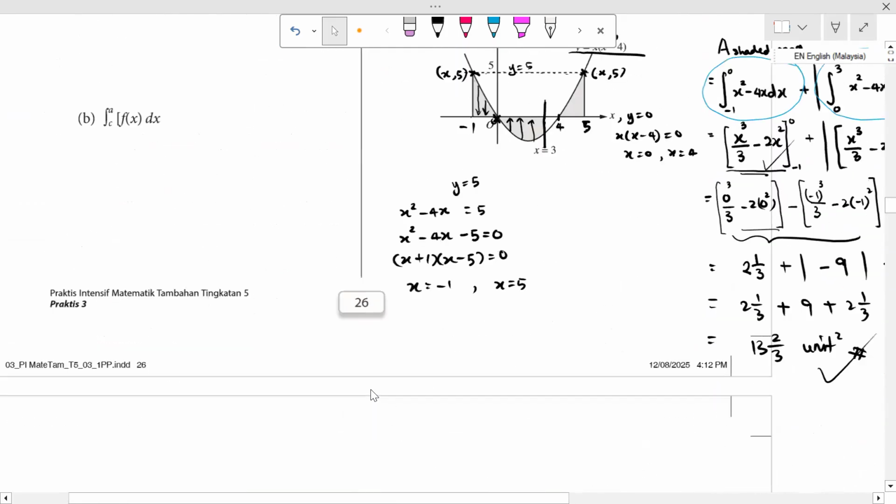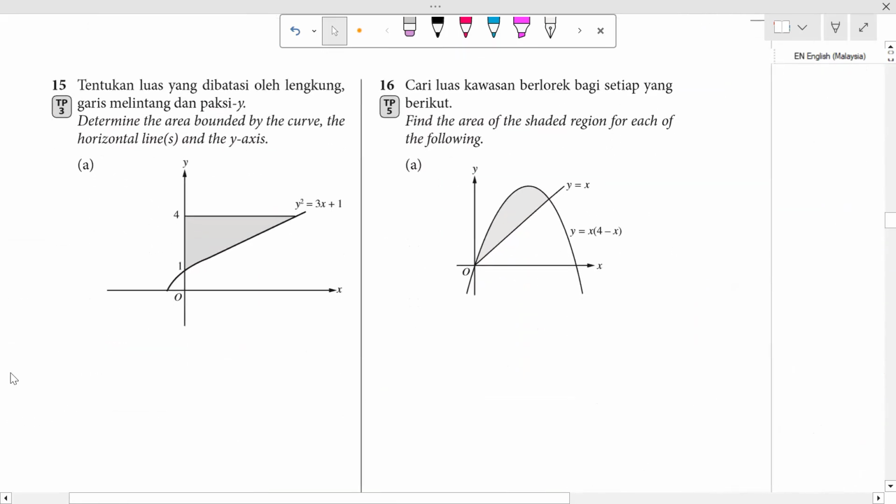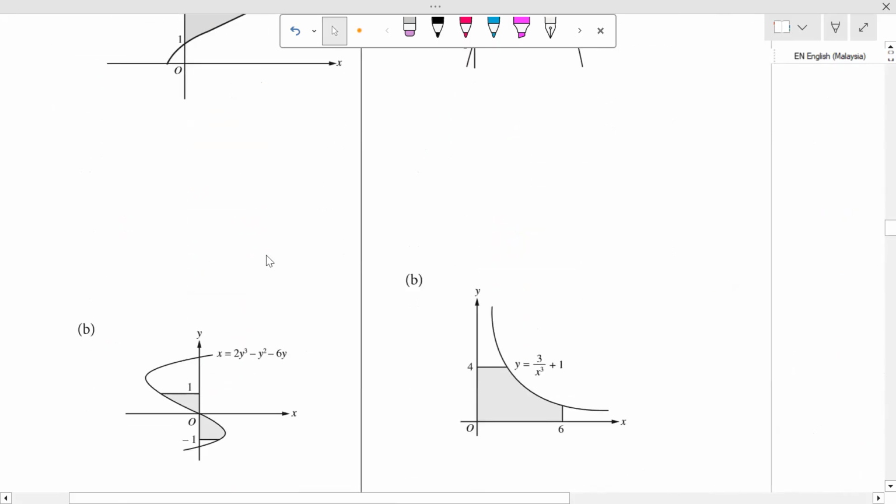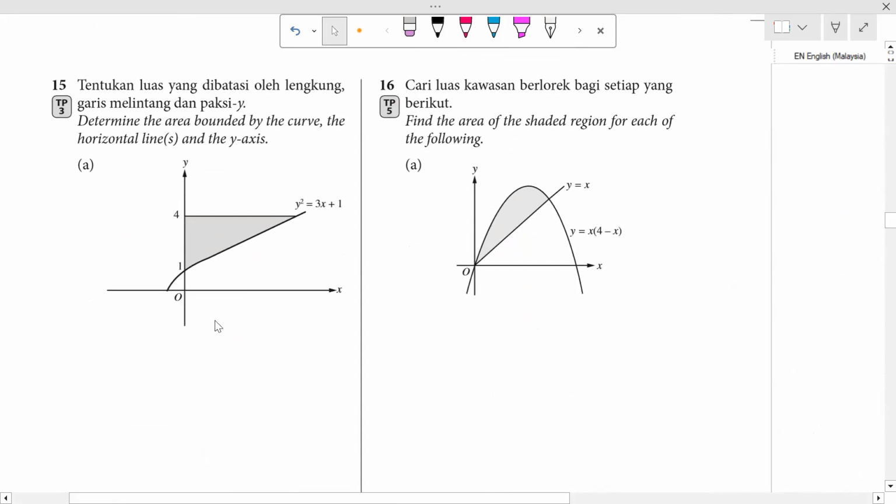Okay. Now let's continue with find the area bounded by the curve and the horizontal lines and the y-axis. It's actually the same as number 14, but it is towards the y-axis.